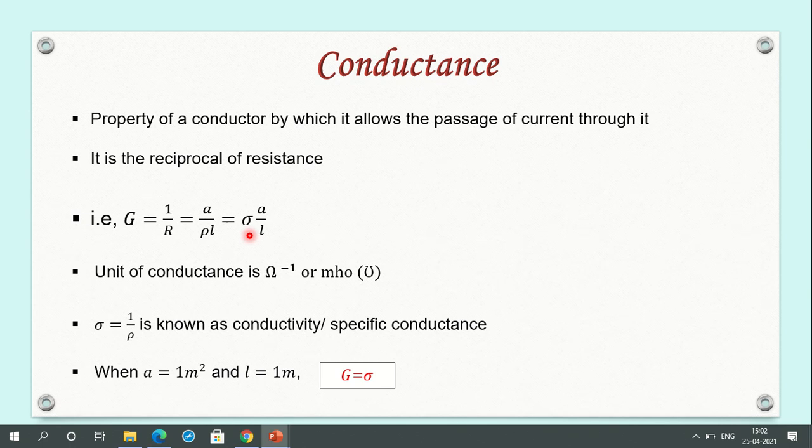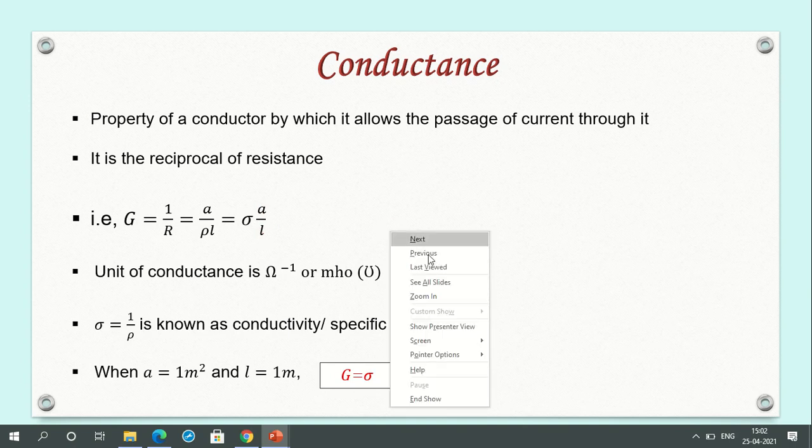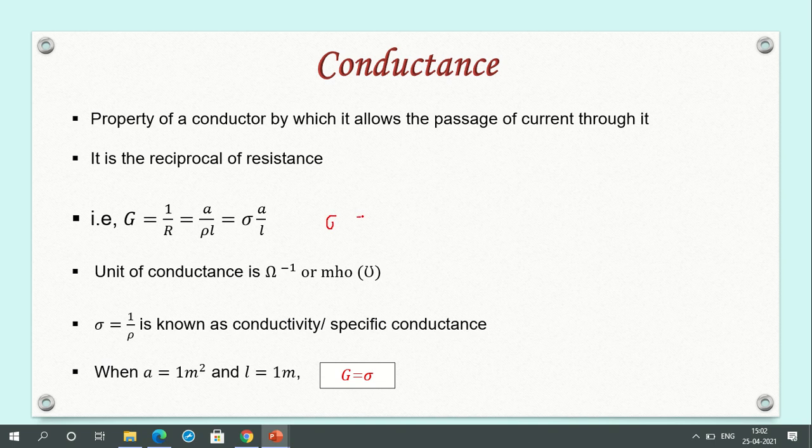From this equation, G is equal to sigma into A by L, so we can write sigma is equal to G into L divided by A. If we substitute A as 1 meter square and L as 1 meter, both get cancelled and we get G is equal to sigma.